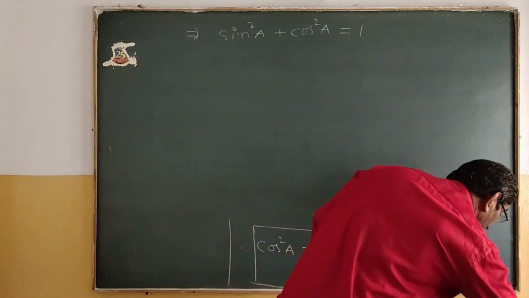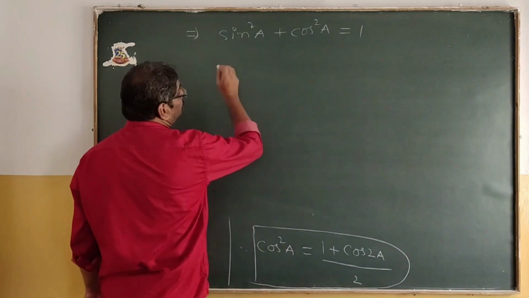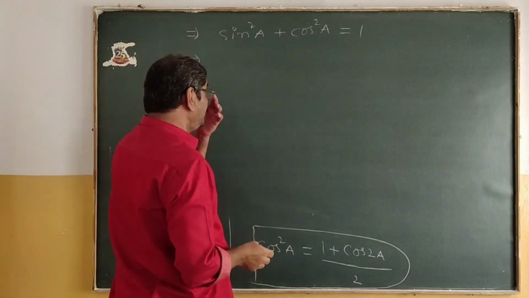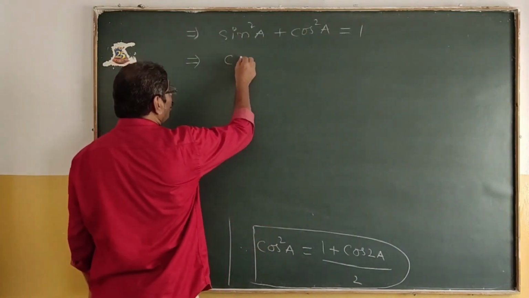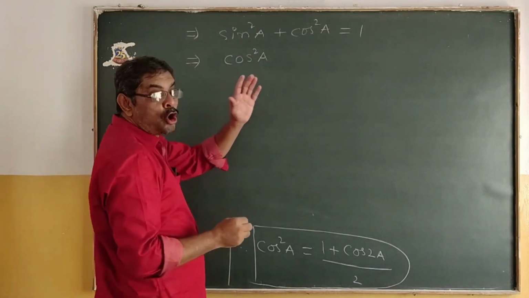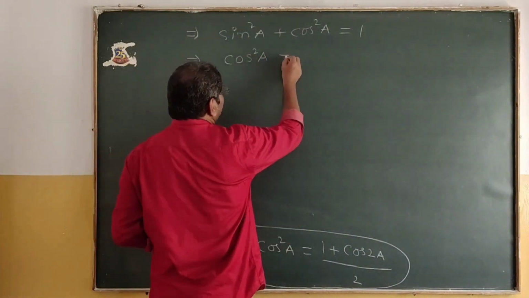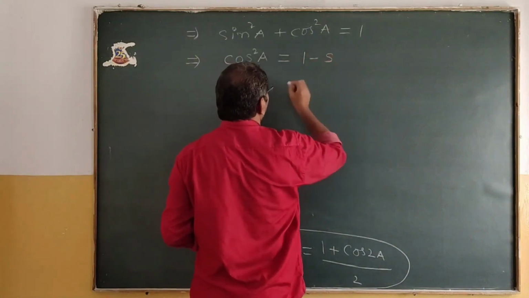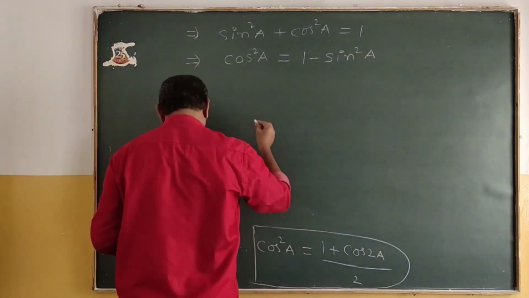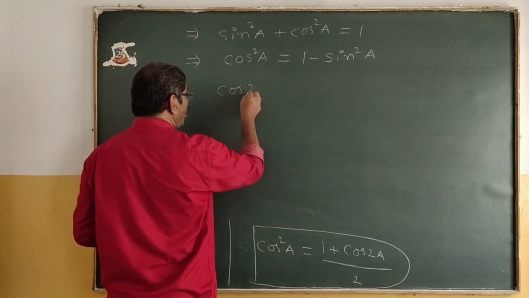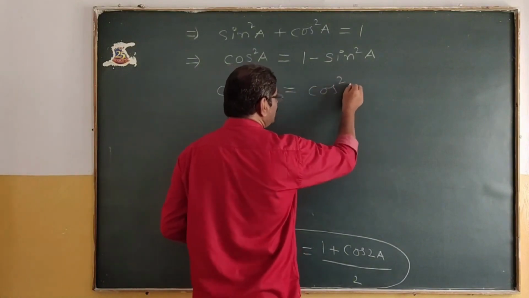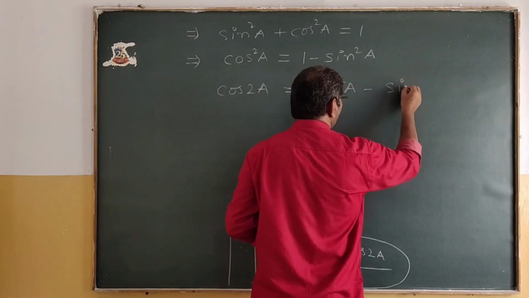From this identity, I will find the value of cos square A. Cos square A is equal to 1 minus sin square A. Now I am going to substitute that in the formula for cos 2A, which is given by cos square A minus sin square A.